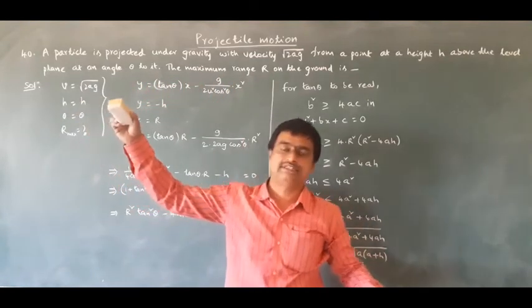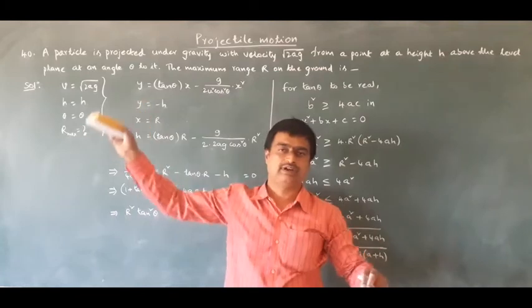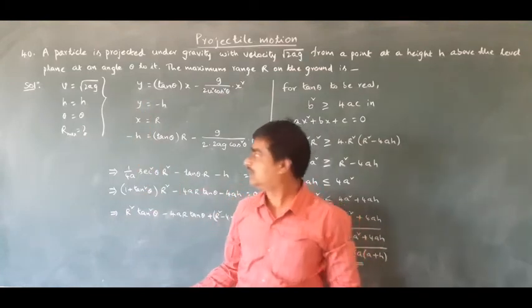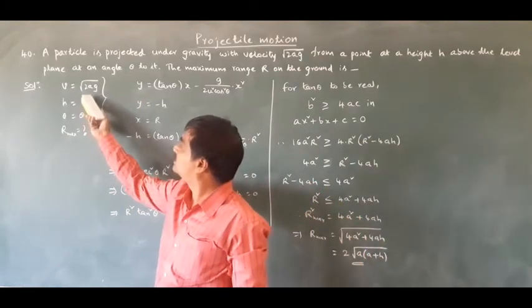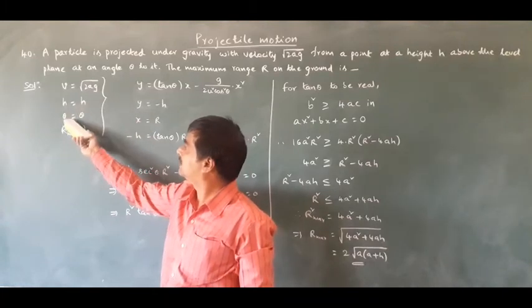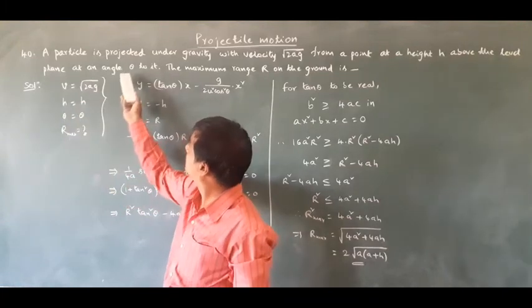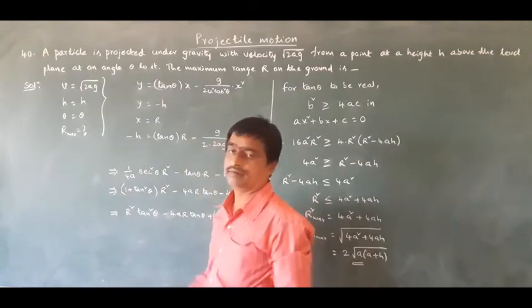From a certain height it is thrown like this. The velocity is given as root of 2 ag, the height is given, and the angle is theta. We have to find the maximum range.